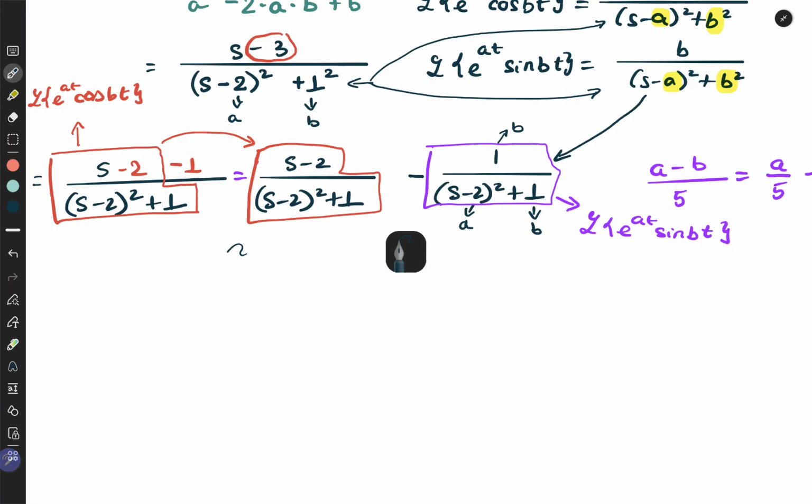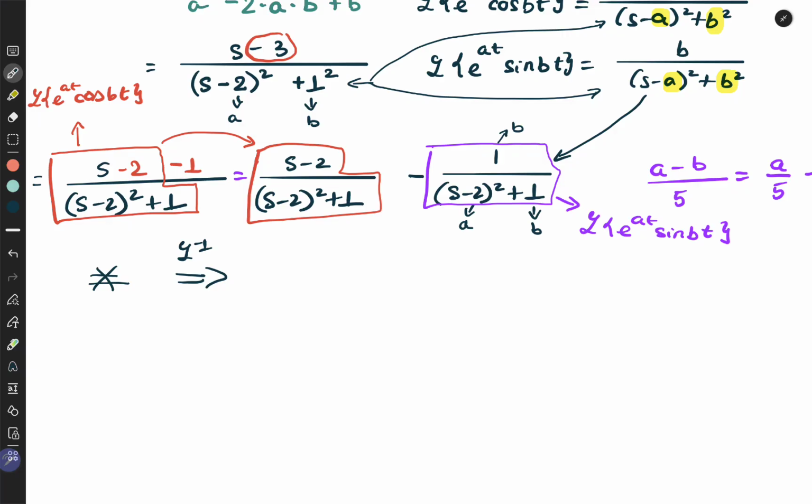It's called inverse Laplace. Keep in mind, don't write equals, because they are not equal to each other. You transform them; they are two different functions. They carry similar meaning, but those two functions don't equal each other.